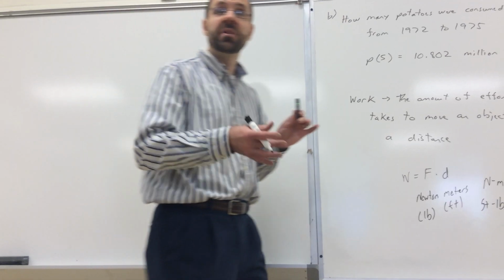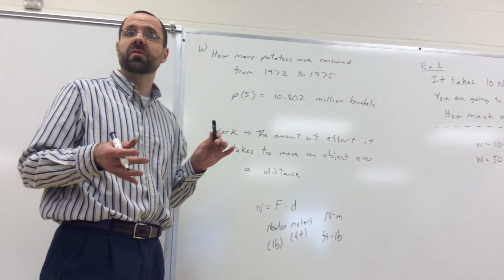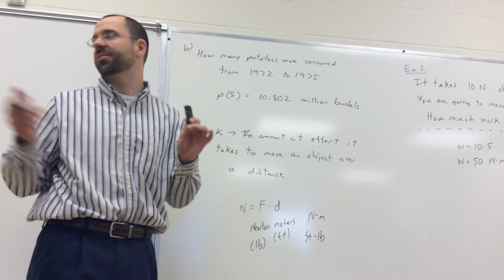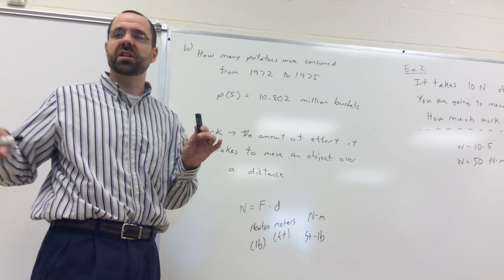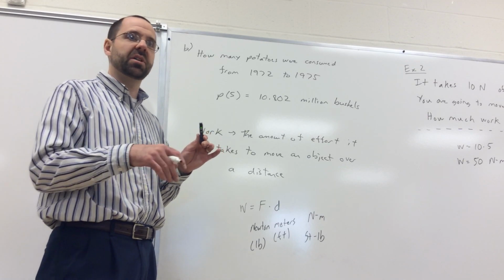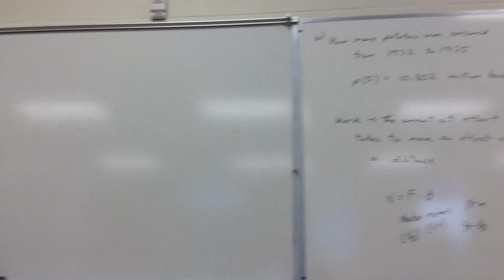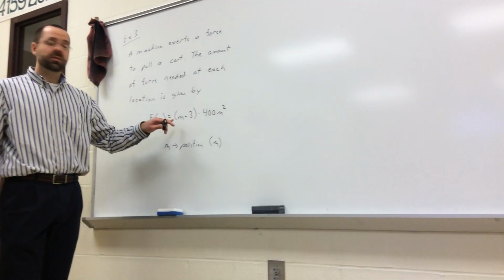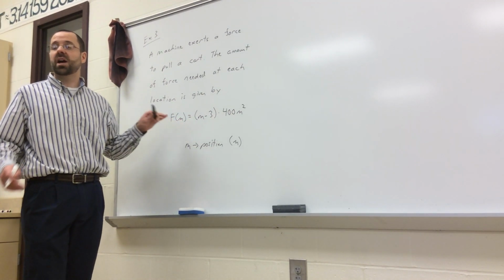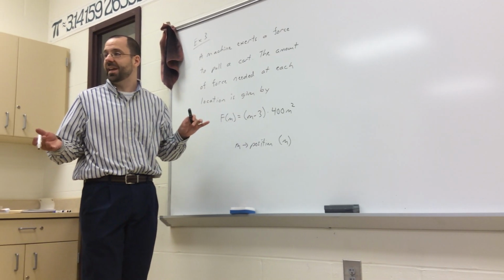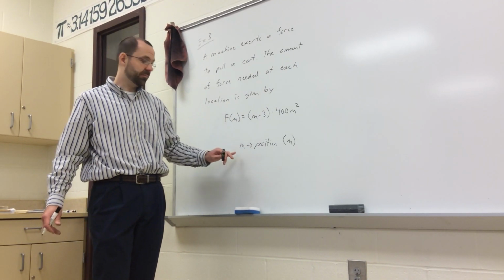But then at the 5 meter mark, it's going to take a different number of newtons to push this thing. Or I guess we're pulling here. The machine's pulling this time, but still takes that much force to pull it at each of those locations. So you plug in the location, and then that outputs how many newtons it's going to take to move it at that location.